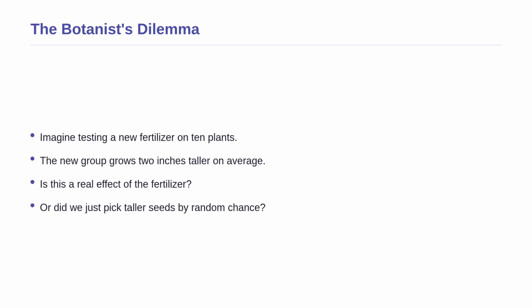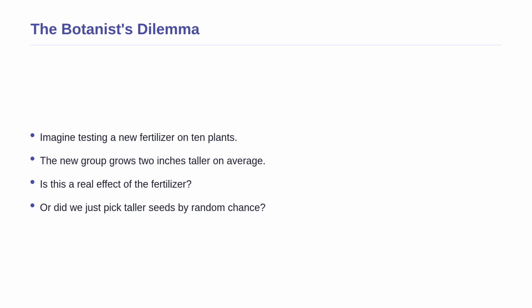Now that we know our topic, let us look at a real-world scenario to understand why we need the t-test. Imagine you are a botanist testing a brand new fertilizer. You grow 10 plants with this new fertilizer and 10 with the standard one. After a few weeks, you measure them and find that the new group is, on average, 2 inches taller.